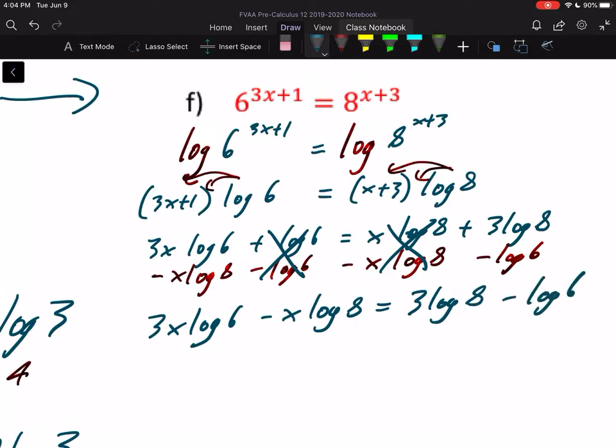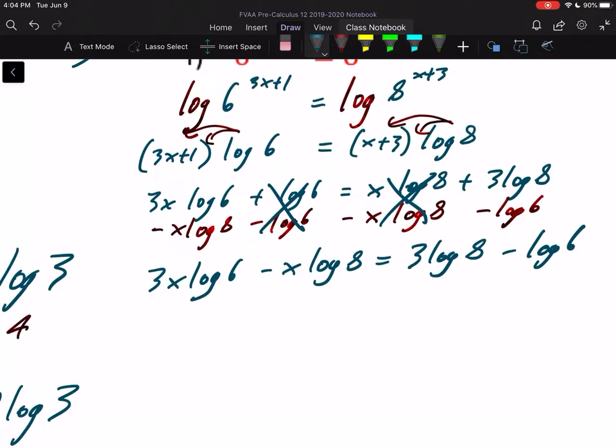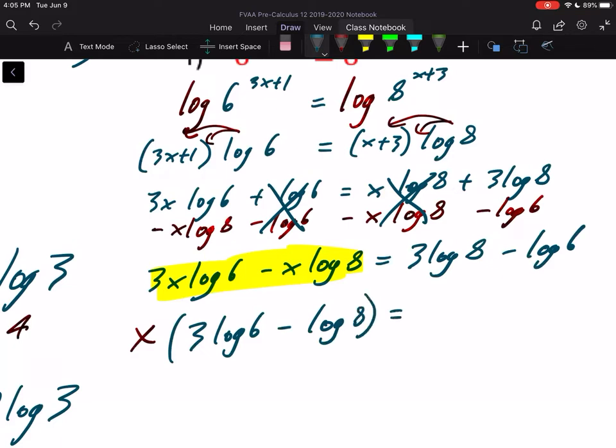All right, now I'm going to factor out the x from the left side. Greatest common factor here, I can factor out x, and by doing so, I isolate x. That leaves me with x times 3 log 6 minus log 8 is equal to still 3 log 8 minus log 6.